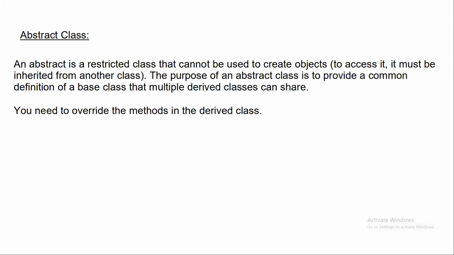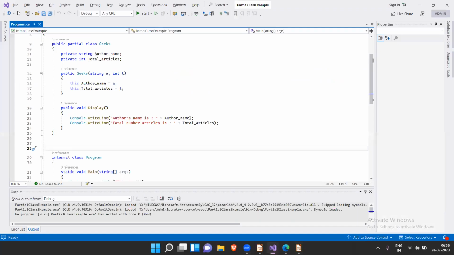It is similar to static. Can you create an object for a static class? No. Same thing for an abstract class, you cannot create objects. Then why use it, if I'm not able to create the object and I don't define the logic either? It's just a kind of placeholder. Let me give you one example so you can easily recall this abstract class.